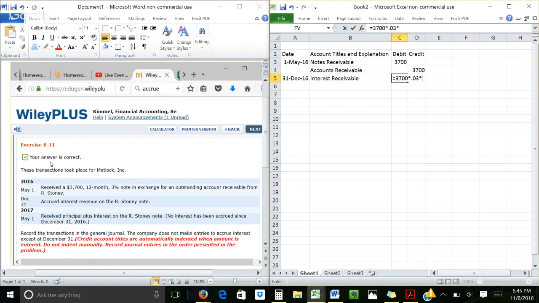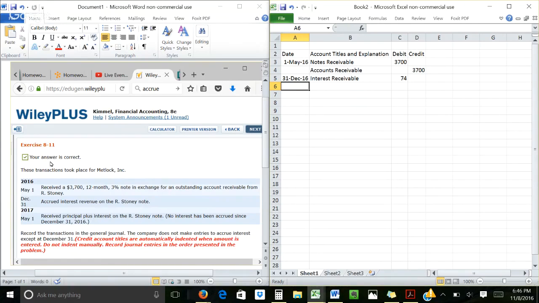From May 1st to December 31st ends up being 8 months. The formula for that is 8/12 for the proper ratio, so we can get the proper interest that's been charged over those 8 months.